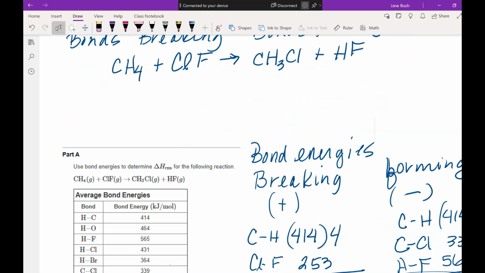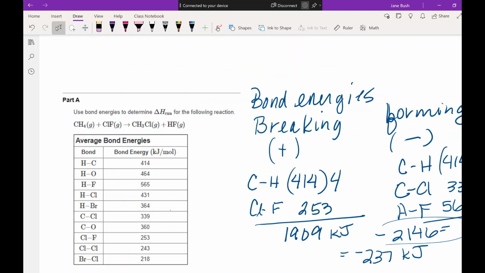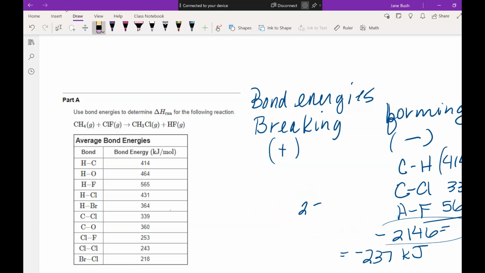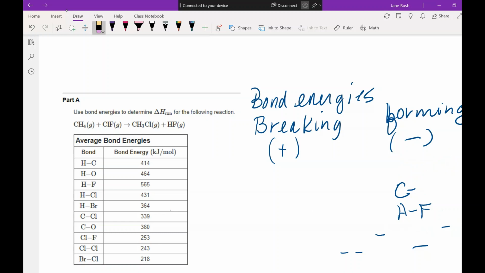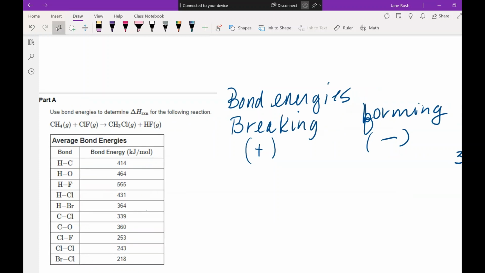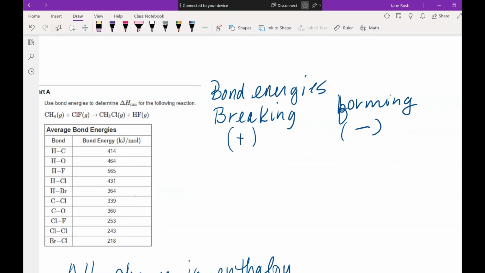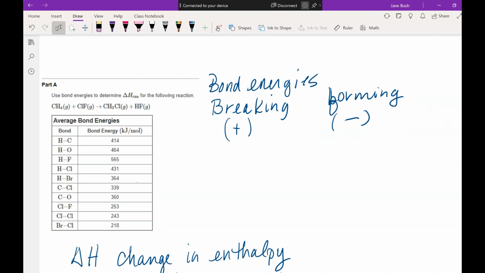A breaking bond requires energy. So if you are breaking a bond, it's like taking Legos apart. It requires energy. If you are forming a bond, it doesn't take as much energy for the Legos to go back together. It still takes energy. But if you can imagine the Legos just kind of slide back into each other, that would be like bonds forming.